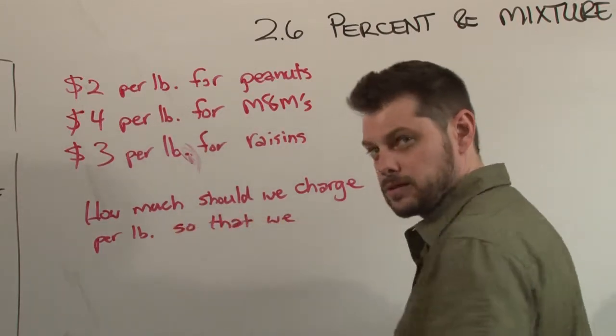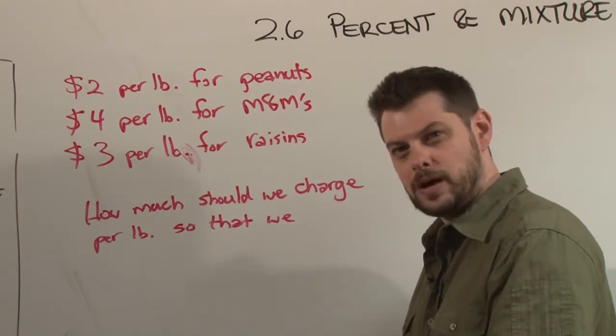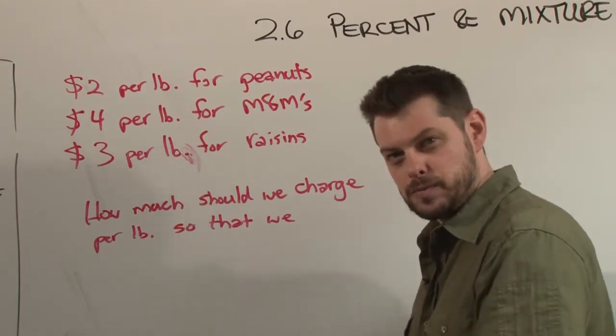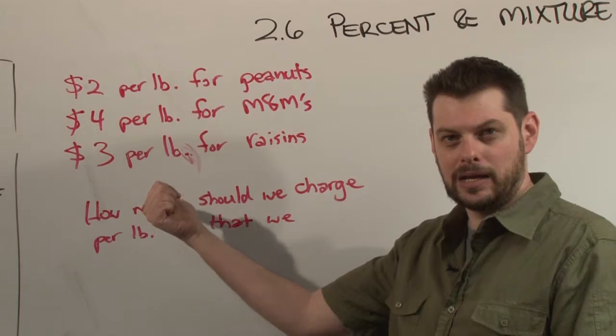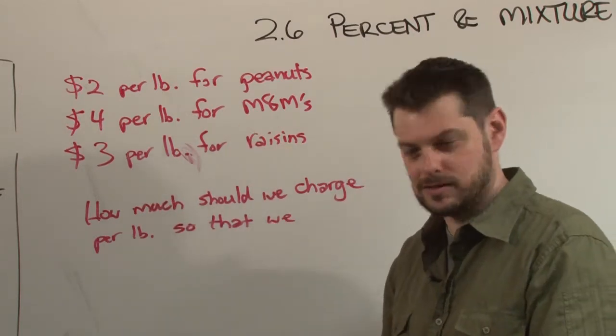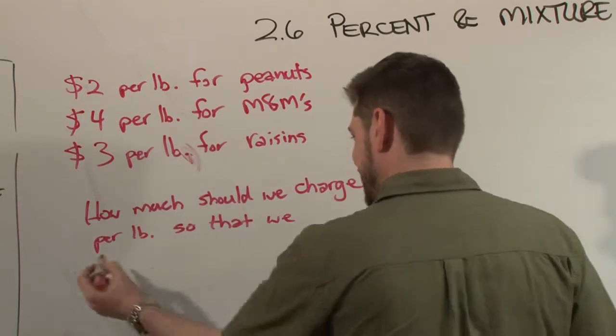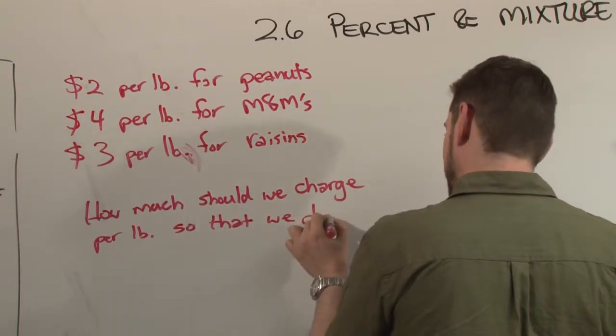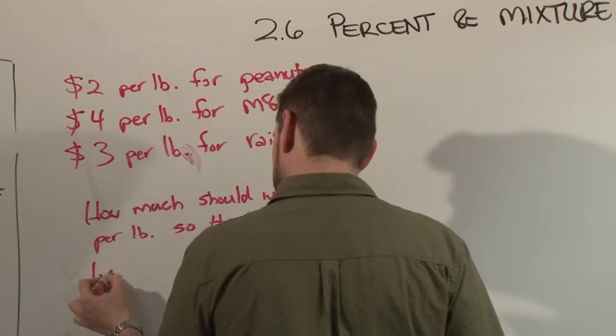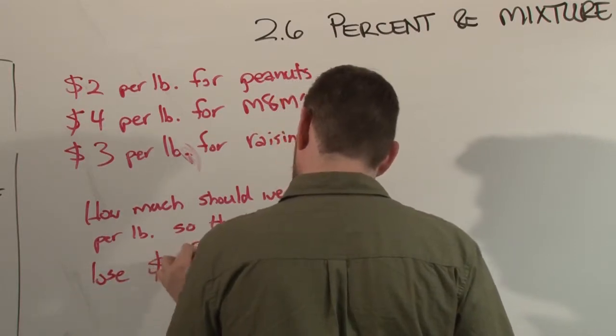We just want to break even. Okay? What's the minimum that we can charge so that we don't lose money? We're not paying anybody, we're just covering our costs. All right? So this is charity trail mix, so that we don't lose money. Okay?